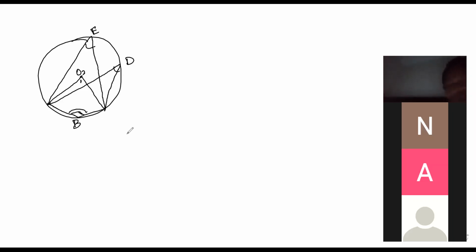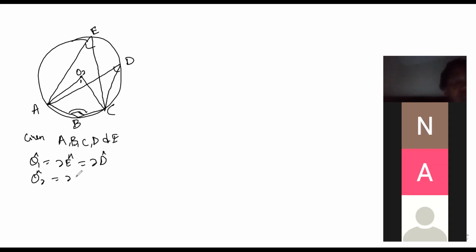In this one, you are given points A, B, C, D, and E are points on the circle with center O. You are given those points. Then the conclusion here is that O1 is going to be equal to 2E, and again 2D, also O2 is going to be equal to 2B. This theorem is theorem 3.